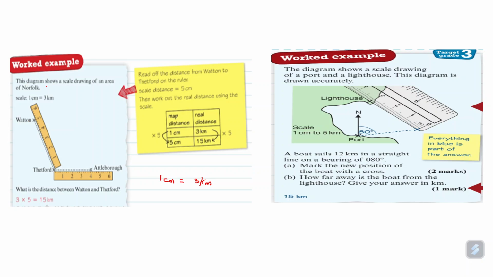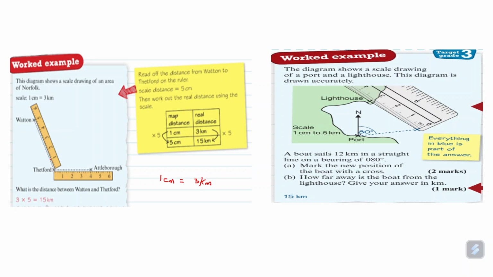The question says the diagram shows a scale drawing of an area of Norfolk. Norfolk is an area in the UK. The scale is 1 centimeter represents 3 kilometers. What is the distance between Watton and Thetford? You take your ruler and measure the distance between Thetford and Watton.